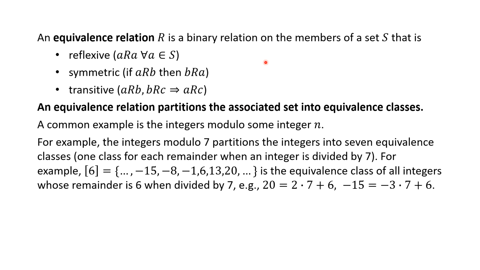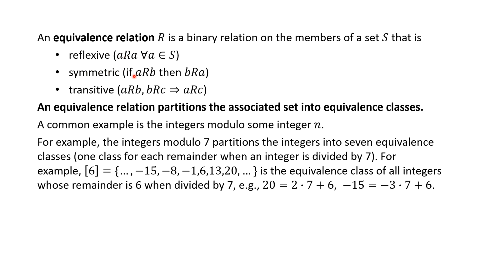Before we get to our main theorem, we need to introduce the idea of an equivalence relation. So let's do that. An equivalence relation R is a binary relation on members of a set X that fulfills these three properties here. Reflexive: for every element in X, a is related to itself.